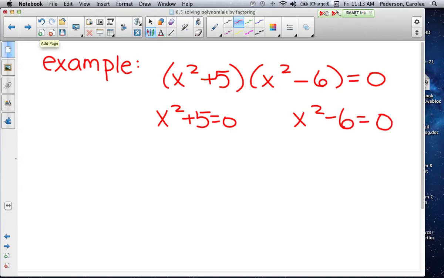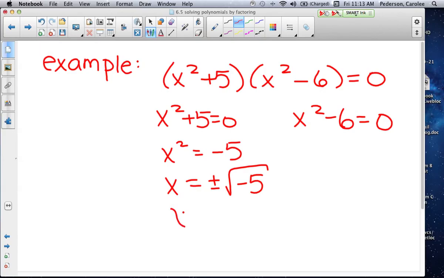Here's a little problem that comes up with the first equation. When I solve by undoing, I would subtract 5, and then I would square root it. What's important about that negative 5? You can't have a negative square root, so it makes it imaginary or complex.